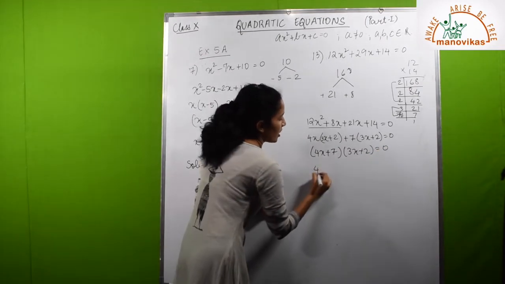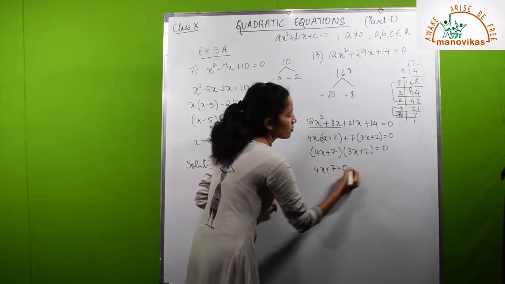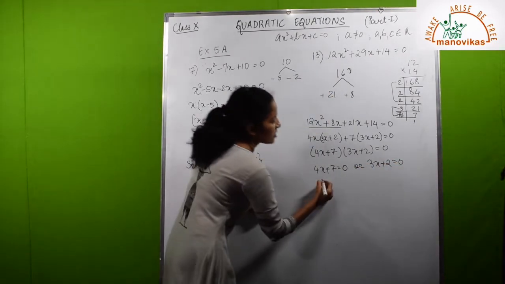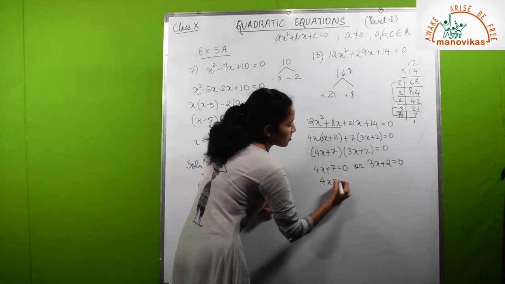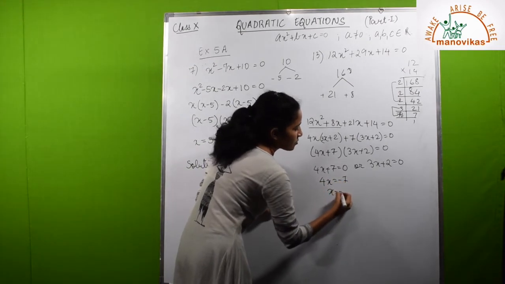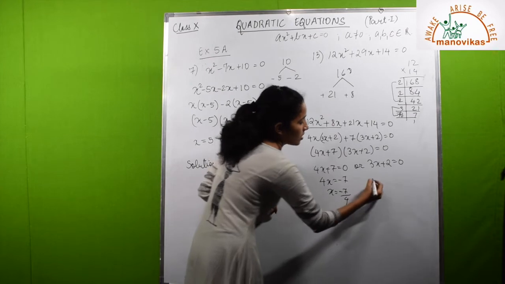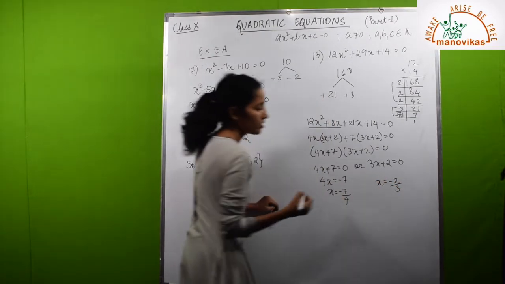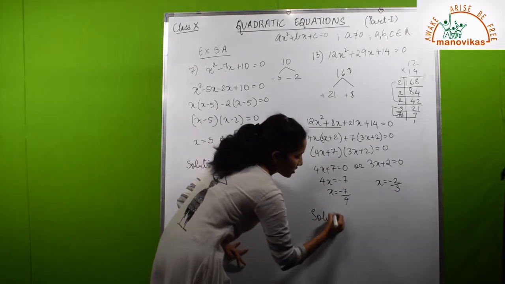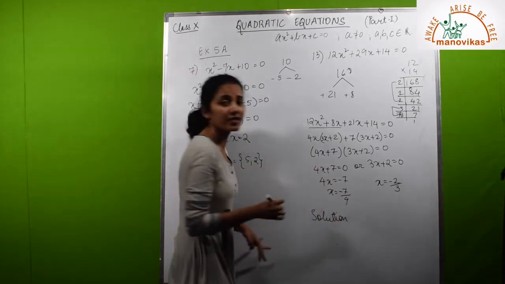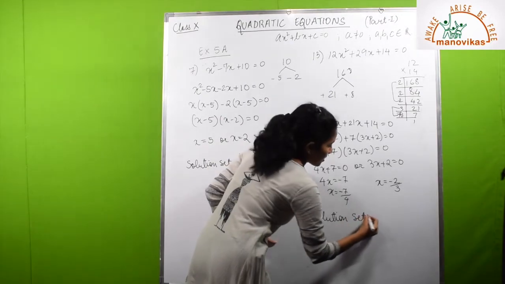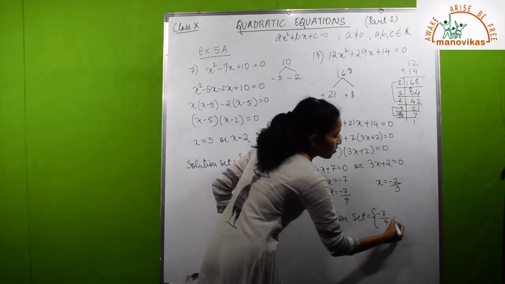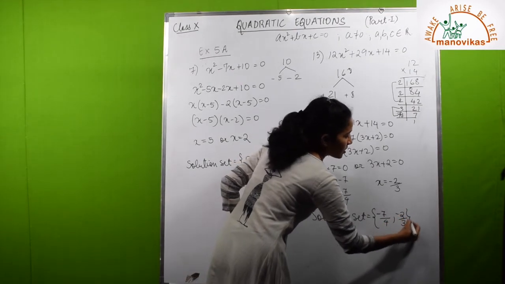Using the zero product rule, I have 4x plus 7 equal to 0 or 3x plus 2 equal to 0, which gives me 4x equal to negative 7, x is equal to negative 7 by 4. In a similar way, here x will be minus 2 divided by 3. And therefore the solution set, which is necessary to be written every time, is under curly brackets: minus 7 by 4 and negative 2 by 3.